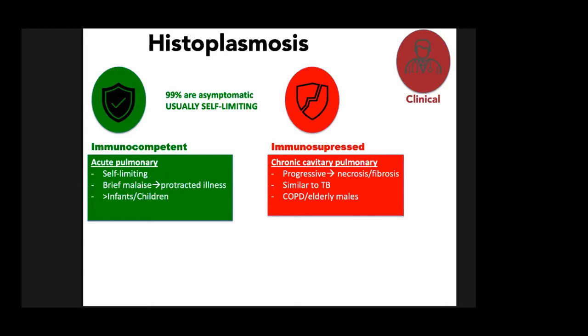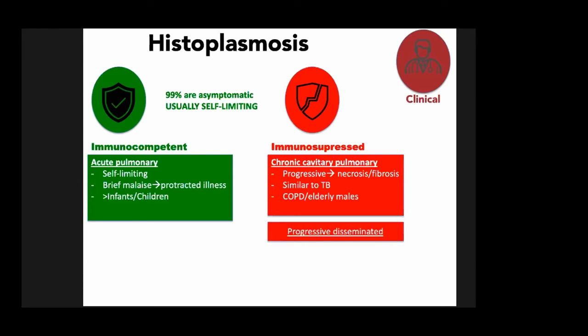You will come with night sweats, chills, weight loss, and it's usually seen in elderly males with COPD. However, these are statistics that you may see in the books, referring to when males used to smoke more than females. Now it's kind of equal, so the ratio is similar between males and females.